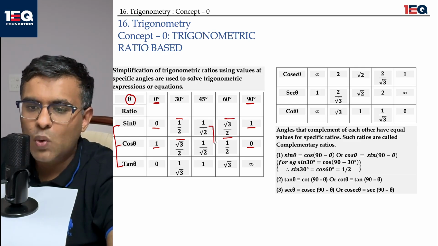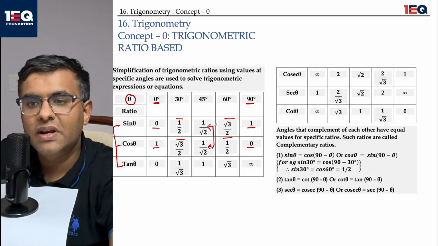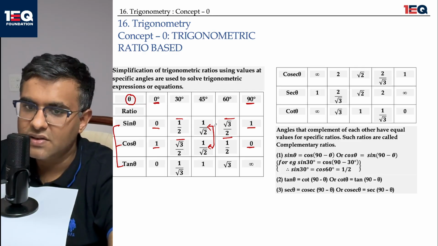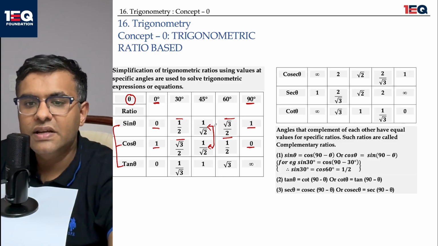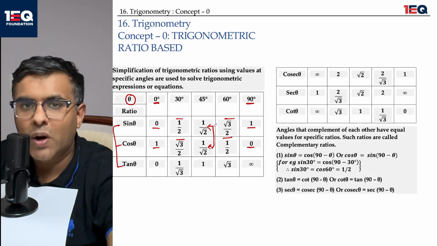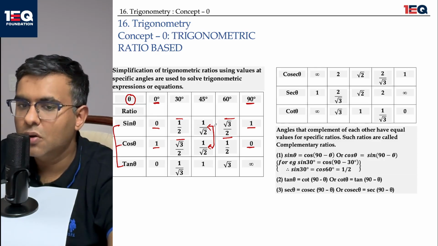And there is one moment when sine and cos both would get the same value, and that is at 45 degrees. So at 45 degrees, both sine and cos would have the same value, which is equal to 1 upon root 2.